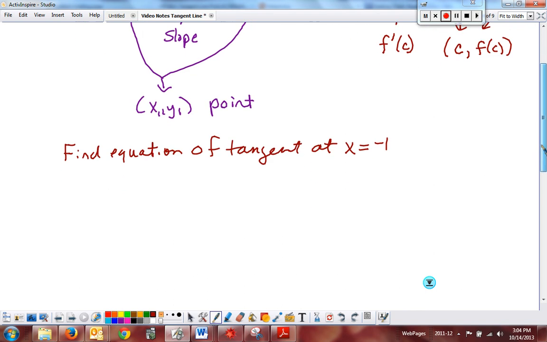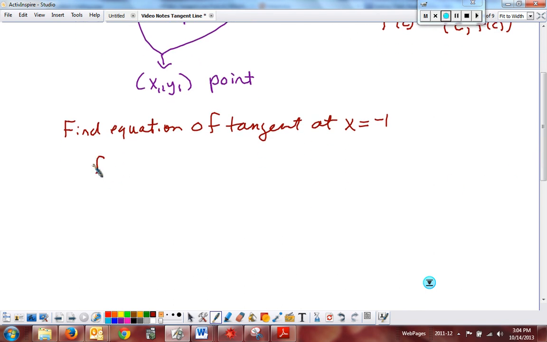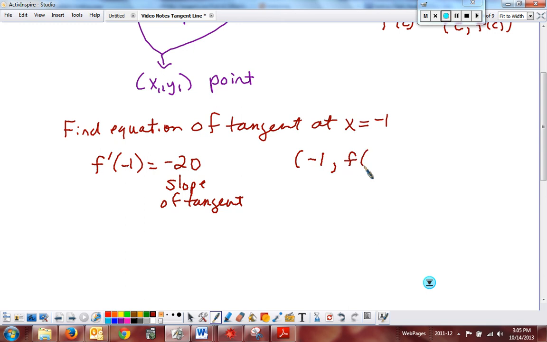Okay, now let's put down, just bringing back what we had from the previous page. We already know f prime of -1. We calculated that in part B, that's equal to -20. So essentially what we did by calculating the derivative is this is the slope of the tangent line. Then I go, well, what point? I need a point in order to do point-slope form of a line. Well, I know the x-coordinate of the point is -1. And then to find the y-coordinate, I do f of -1.